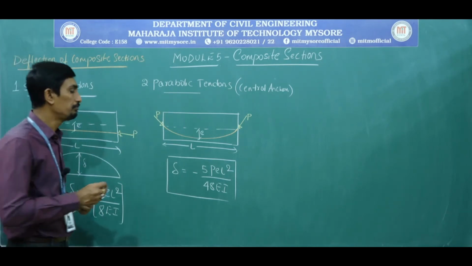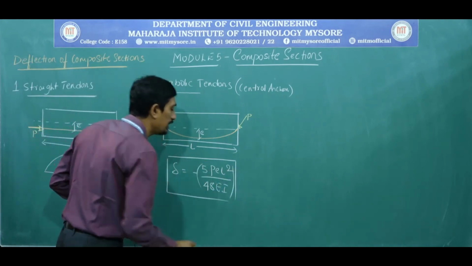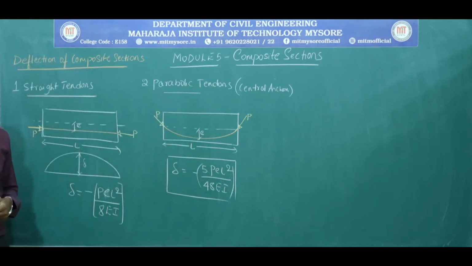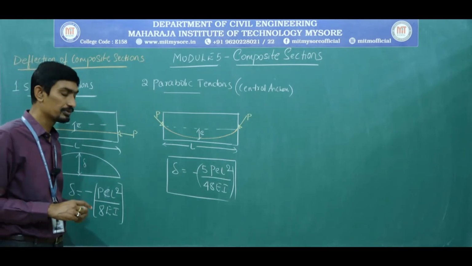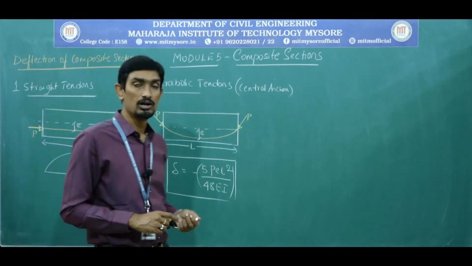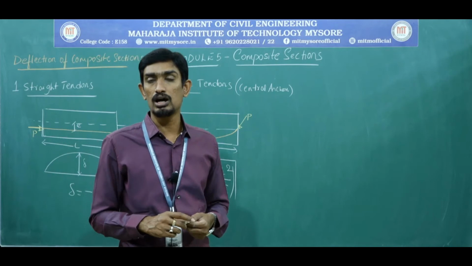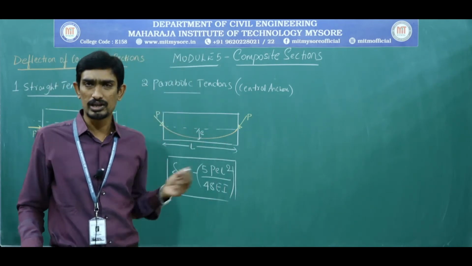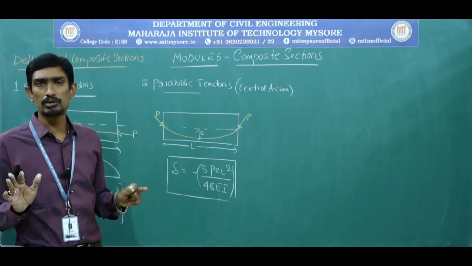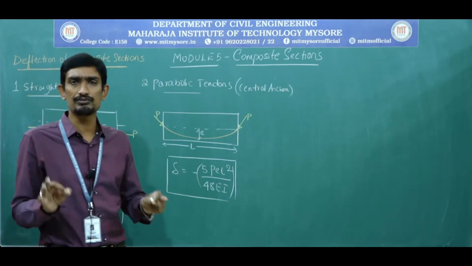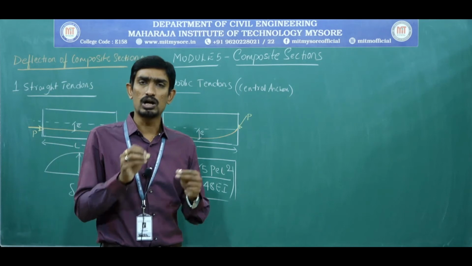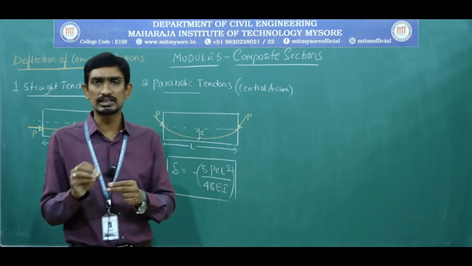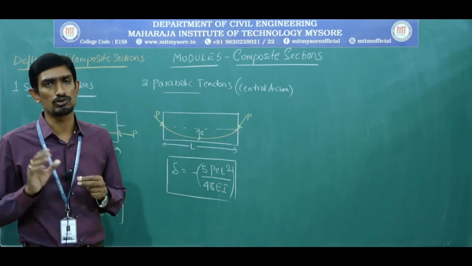All these derivations of the formula we have already discussed in module number 2. The same formula, no change. The deflection due to pre-stressing force will be the same as what we discussed in module number 2, and it will be carried here also.